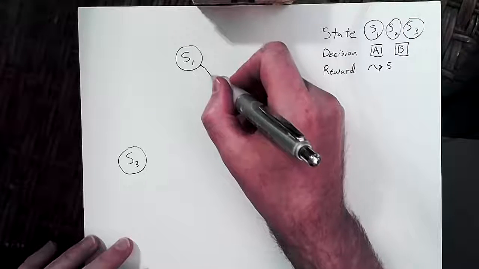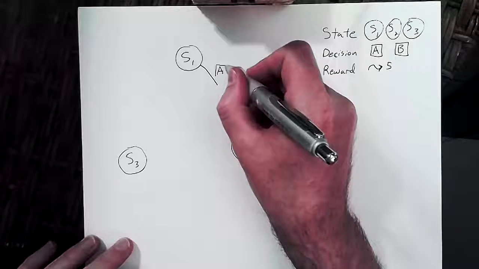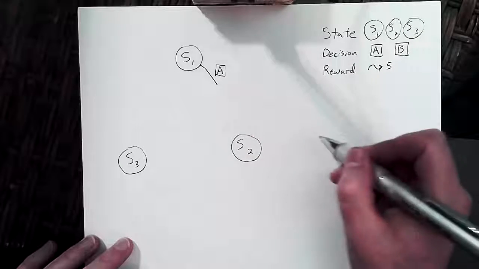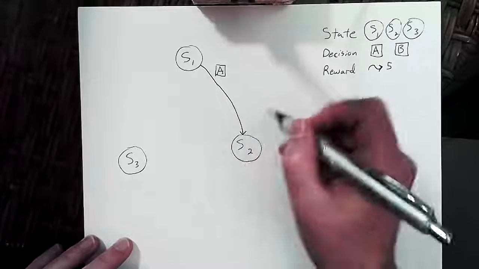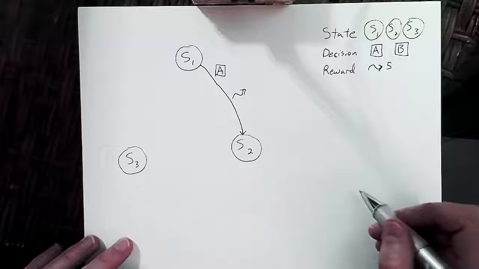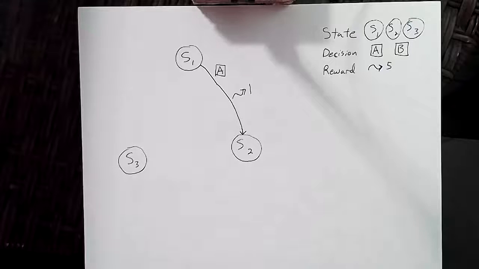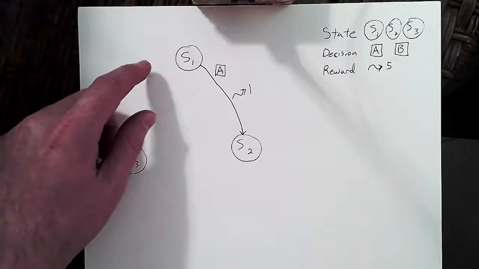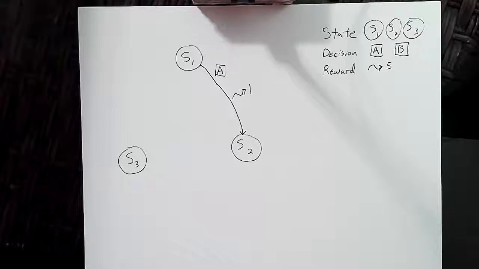Let's say decision A comes out of state 1, and if you make that decision, it takes you to state 2, and when you do that, you get a reward. We'll call it 1. So if you're in state 1, that seems like a pretty simple decision. I get a reward, I might as well do it. Unless there's something bad about being in state 2, of course.